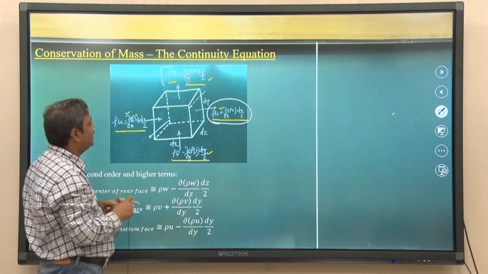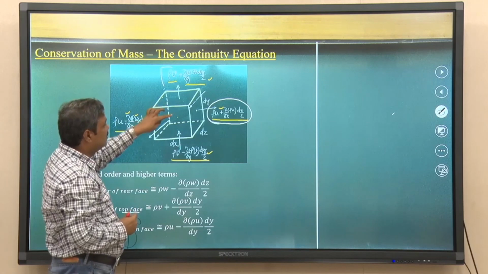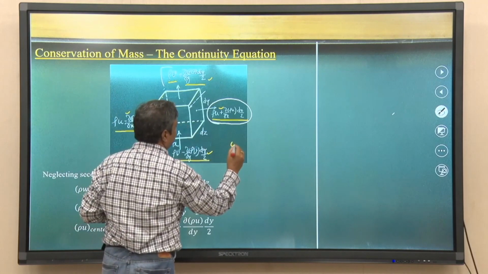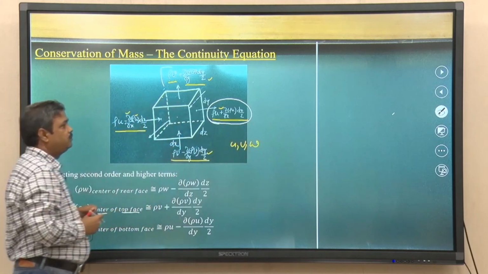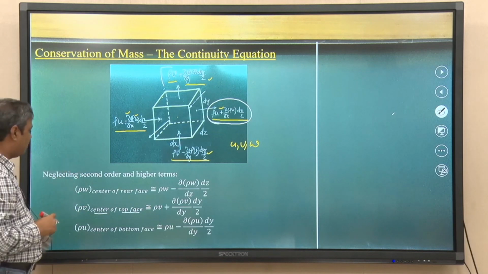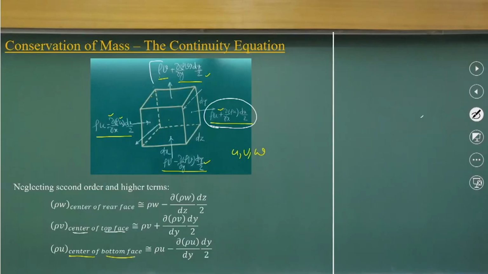In a very simple way we are writing these mass flux components from the centroid, where we have the velocity components u, v, w. So, we can write it on all these 6 faces, as given for the center of the bottom surface, you will have this component.